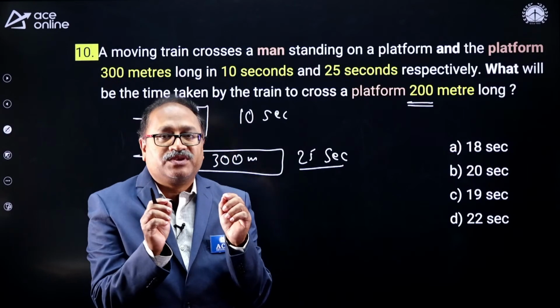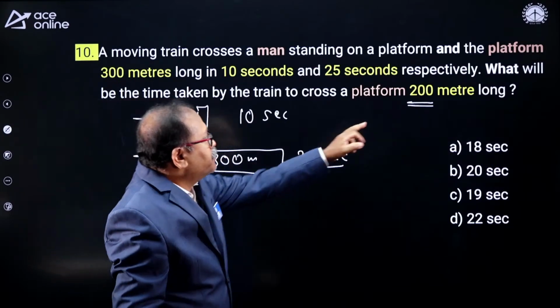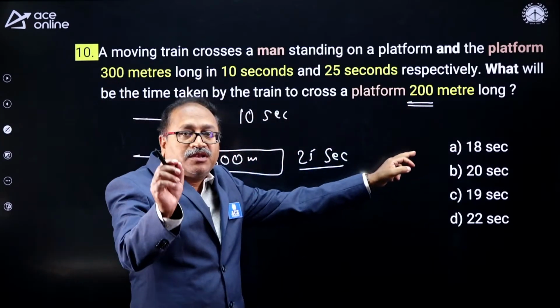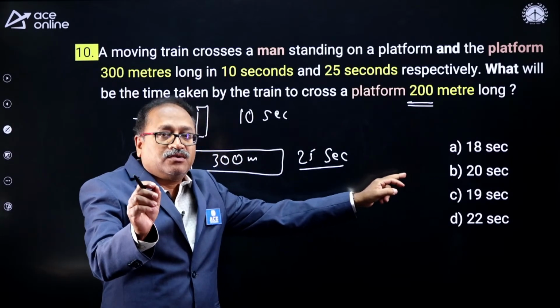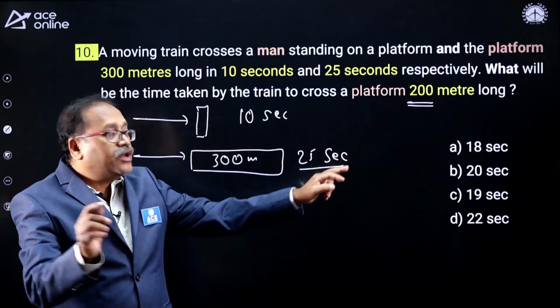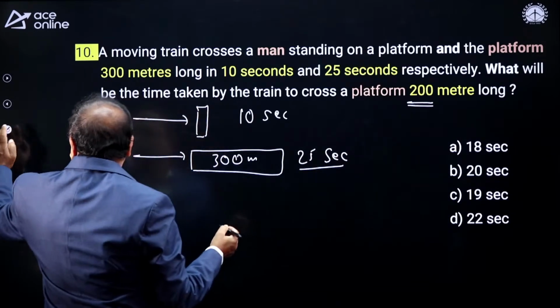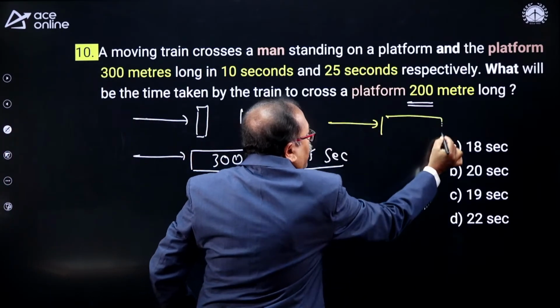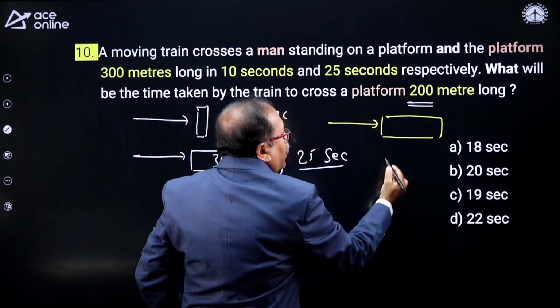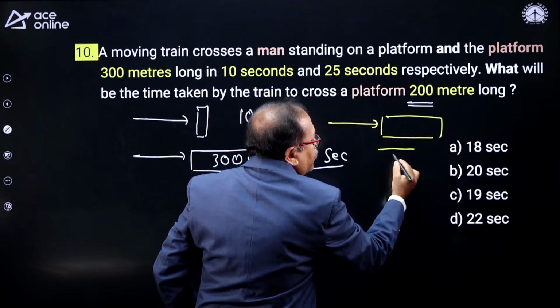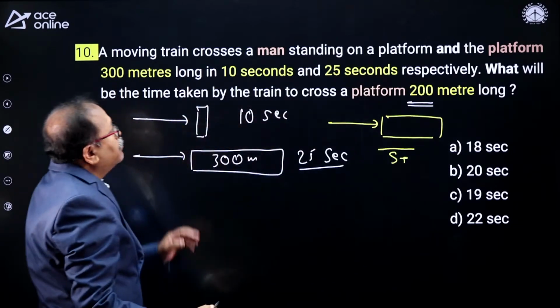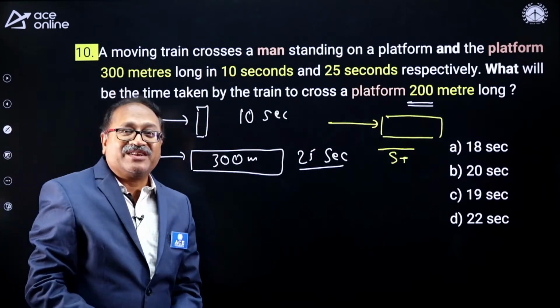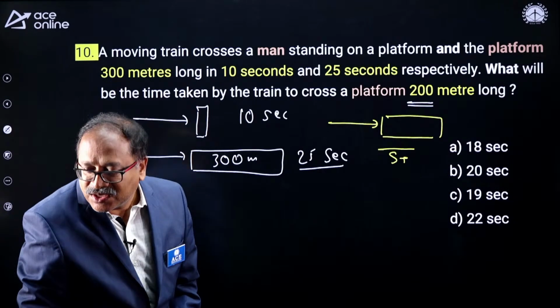A beautiful question. To cross a 200 meter long platform, I should know the length of the train and the length of the platform, and that length should be divided by the speed of the train. But from nowhere can I get the speed of the train. But still we can answer the question.